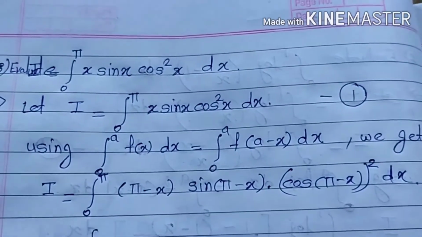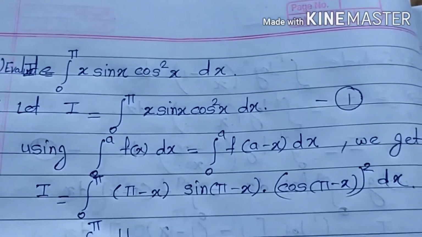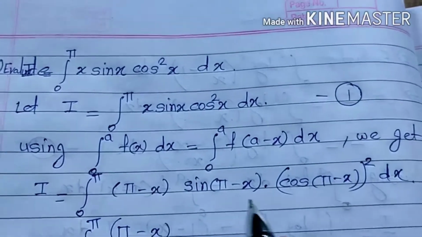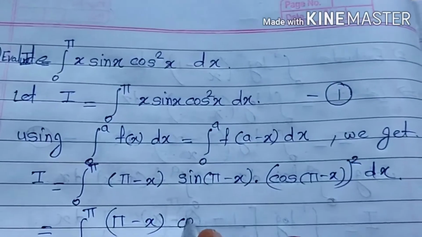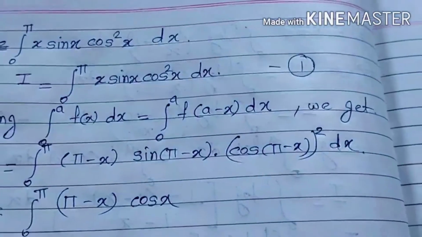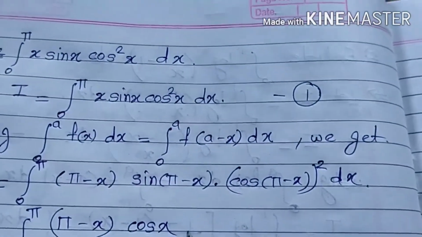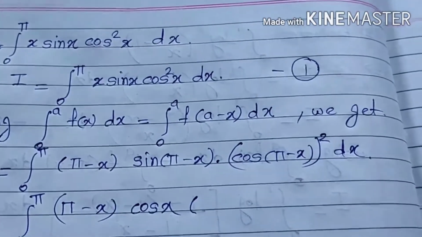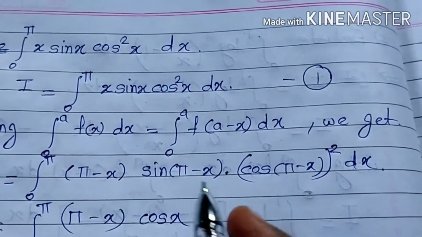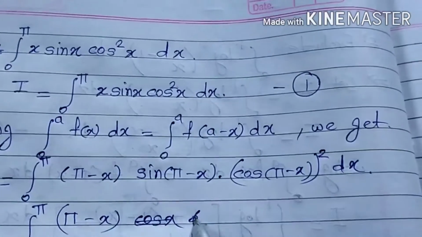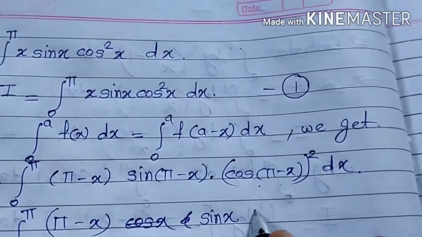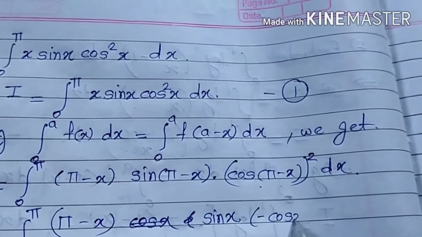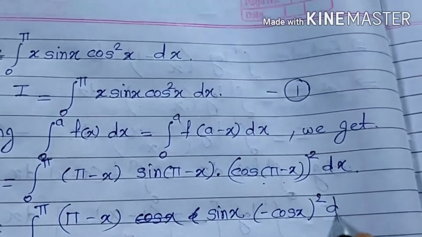So the integral from 0 to pi, pi minus x as it is. Now by using allied angles, sorry, here is one mistake, sin of (pi minus x) is sin x and cos of (pi minus x) is minus cos x, but it is whole square dx.